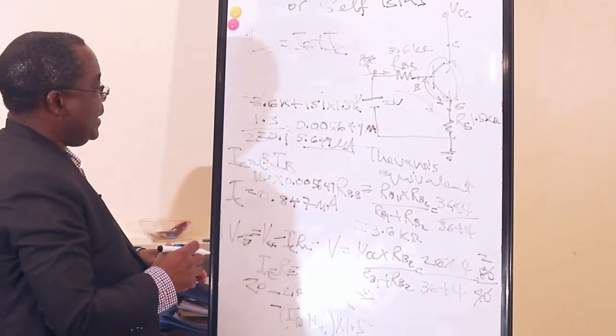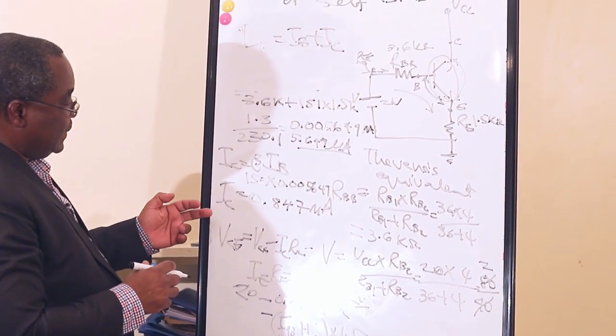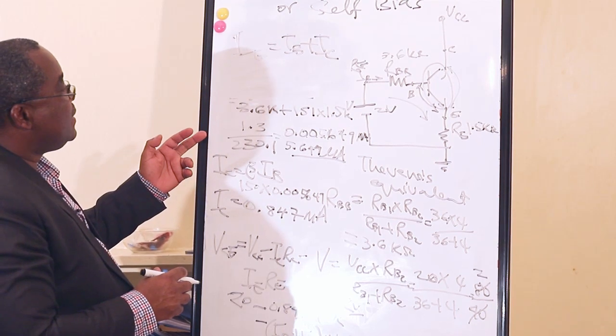So we have our IB here, this is our IC, and this is our IB.